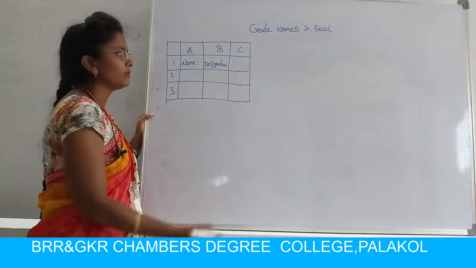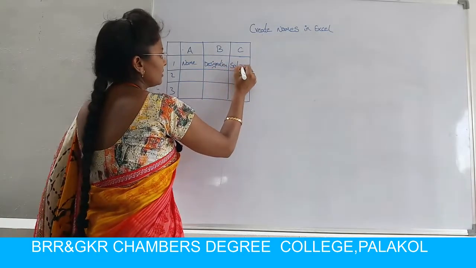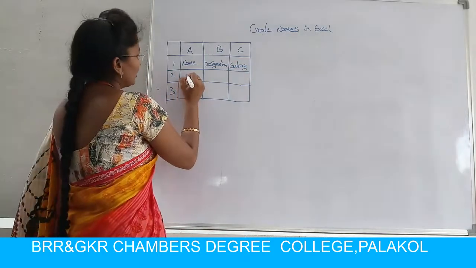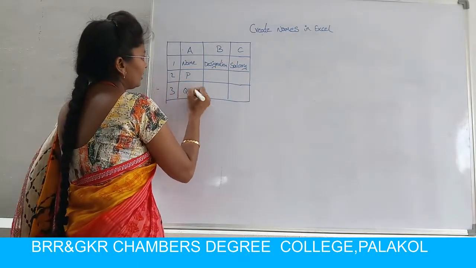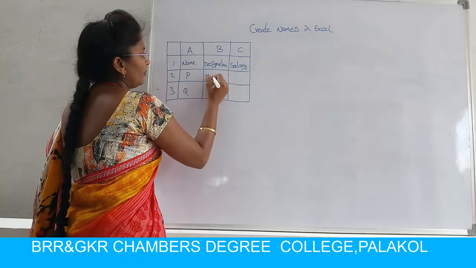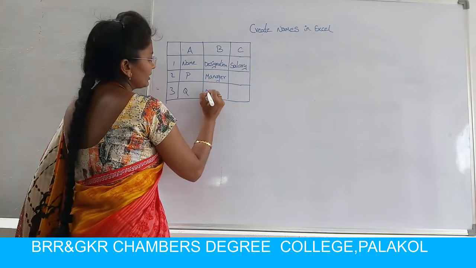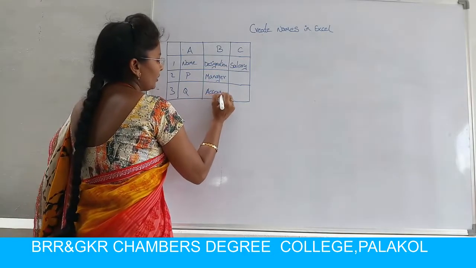In C1 cell, salary. In the name box, here I am creating the names as P and Q. P's designation is manager and Q's designation is accountant.